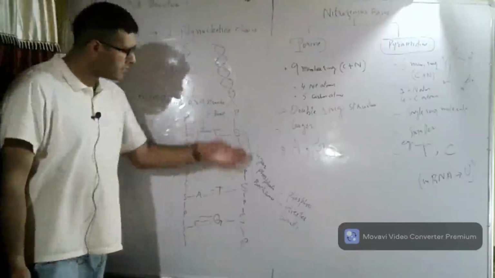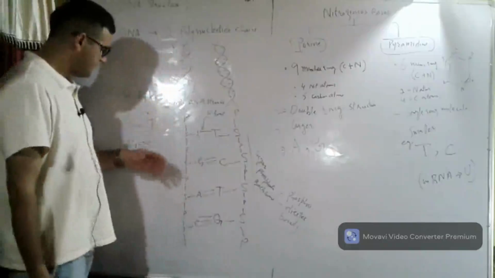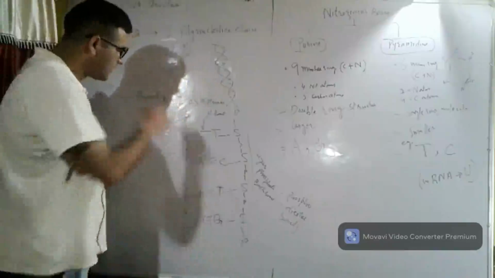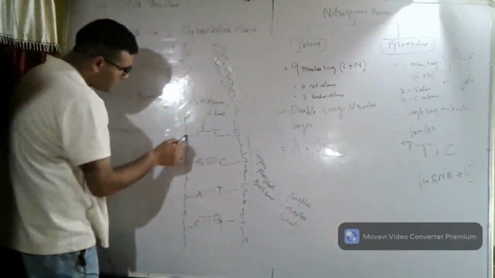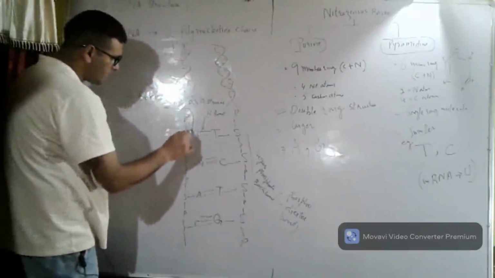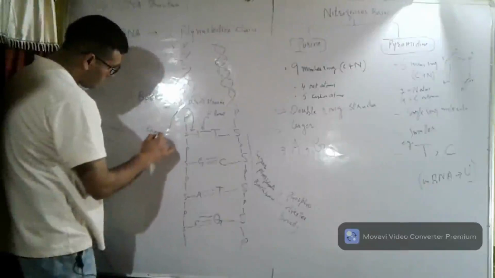So one is hydrogen bond, another is phosphodiester bond in the sugar phosphate backbone, and the third bond present in a DNA molecule is the glycosidic bond. The glycosidic bond is present between the sugar and nitrogen base.